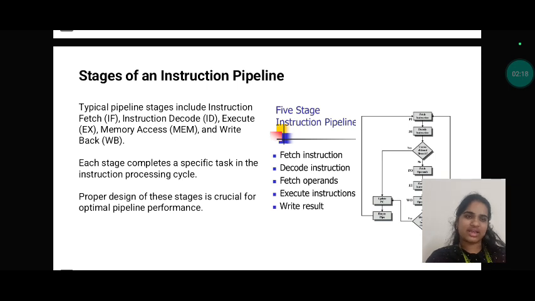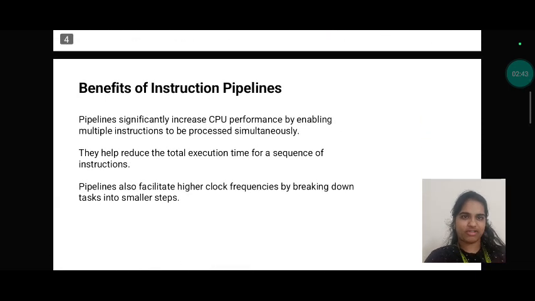Next, decode the instruction, fetch the operand, execute the instruction, write the result. Typical pipeline stages include instruction fetch IF, instruction decode ID, execute EX, memory access MEM, and write back WB. Each stage completes a specific task in the instruction processing cycle. Proper design of these stages is crucial for optimal pipeline performance.